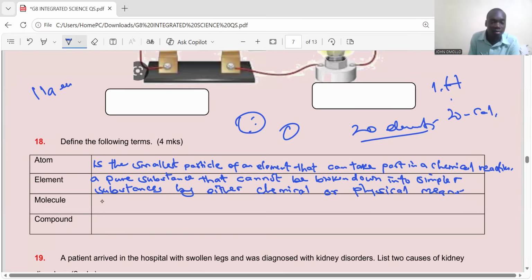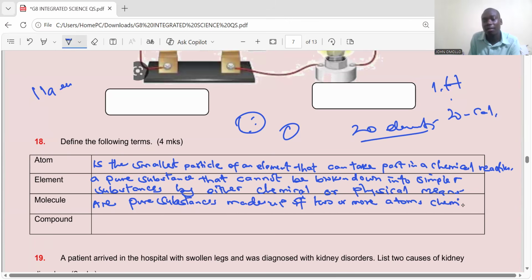Let's move to molecules. So molecules are pure substances made up of two or more atoms chemically combined. So that is what the meaning of a molecule is.